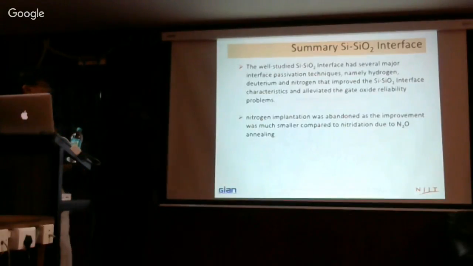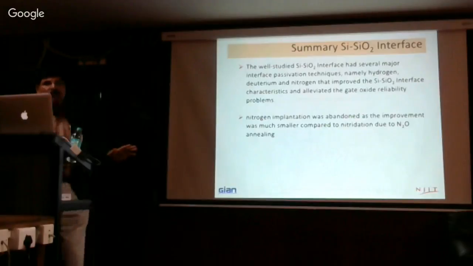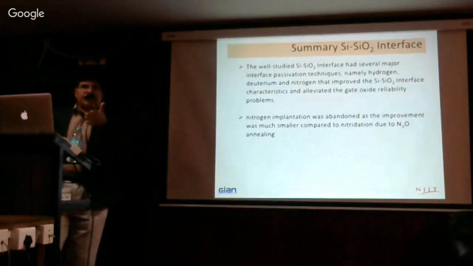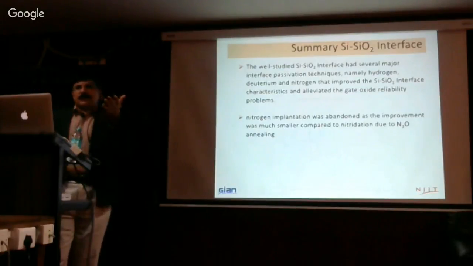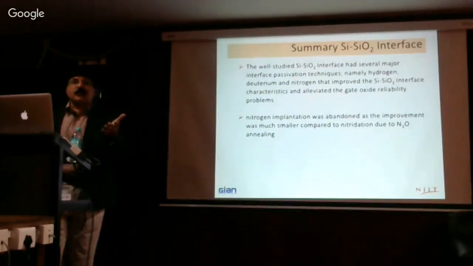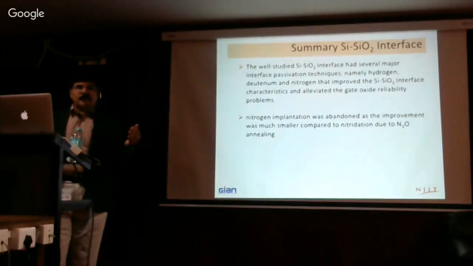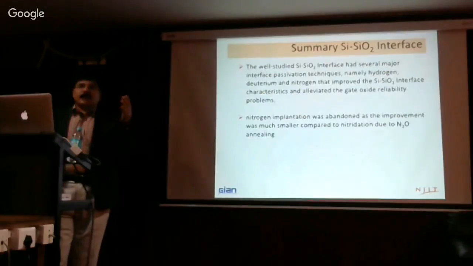But the N2 anneal was the process to have silicon oxynitride. That is even today being followed. Even in the most recent ones, for example, if you look at 14 nanometer technology, they have oxynitride in addition to the high-K devices. It's not that the entire wafer, the entire chip, is all high-K.